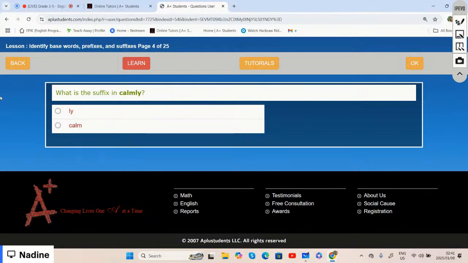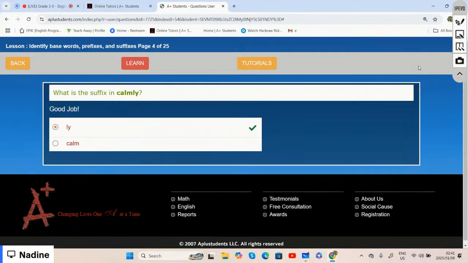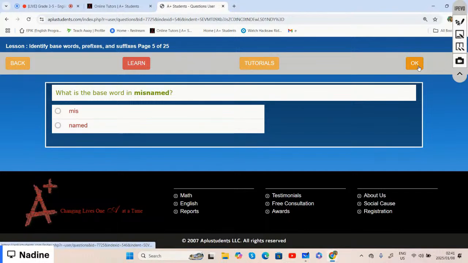If we were to select the suffix, then ly, well done, option one, is our suffix. It's the word that we add at the end of our base word.